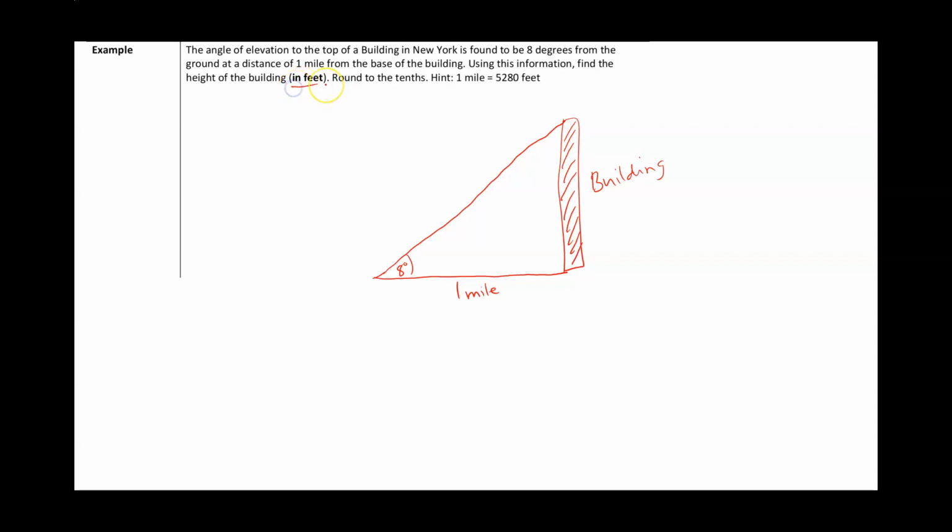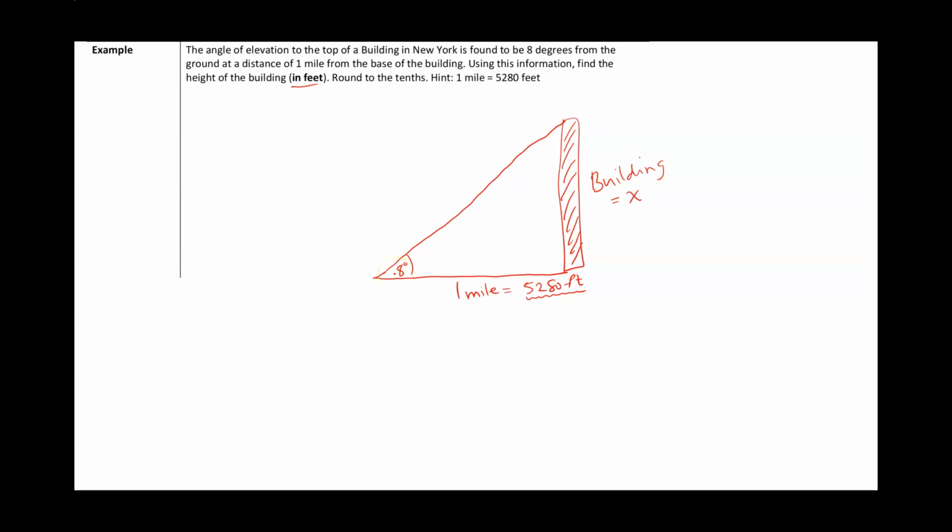Now it says in feet and round to the nearest tenths. So first off, because we want the answer in feet, we're going to say that 1 mile is equal to 5,280 feet. Let's rewrite that. We're looking for the building, which we're going to call x, and we're given this angle, 8 degrees.